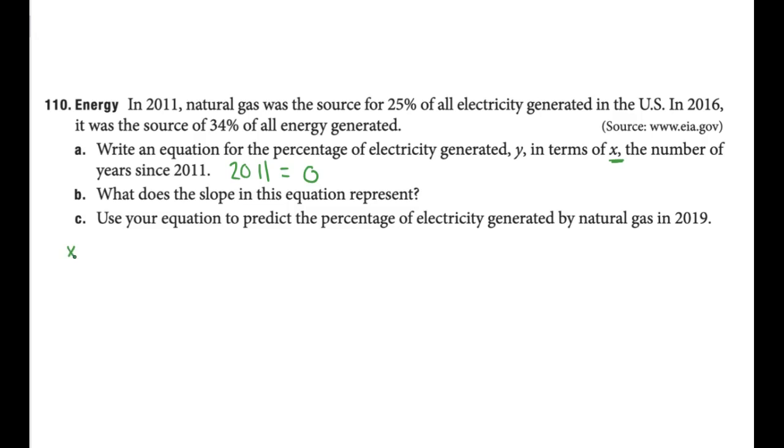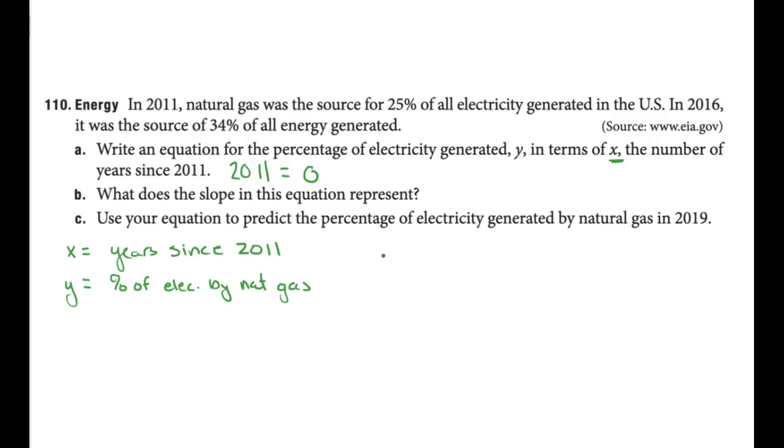So let's go ahead and write that down. x equals years since 2011, and y, the thing that's dependent on that, basically, is the percentage of electricity generated by natural gas. I'll try to shorten that. Okay. So write an equation for the percentage of electricity generated.